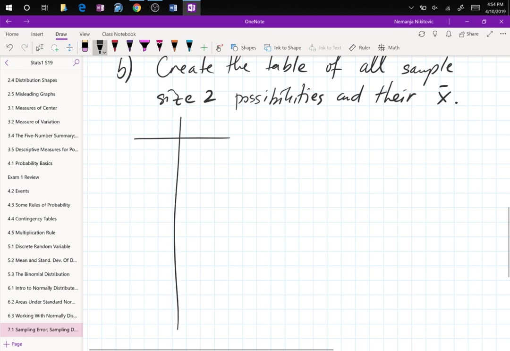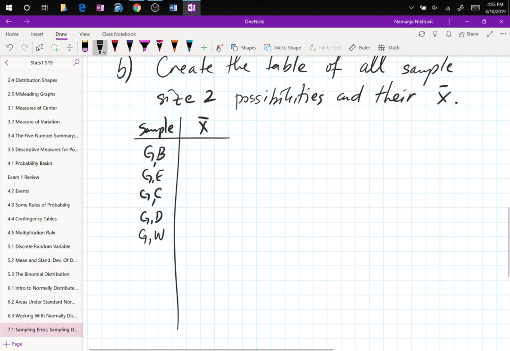I have GB, G comma B, G comma E, G comma C, G comma D, and G comma W. So these are all samples that involve Bill Gates, because this is Bill Gates pairing up with every single other possibility out there. So this is the sample, and this will be their X bars.